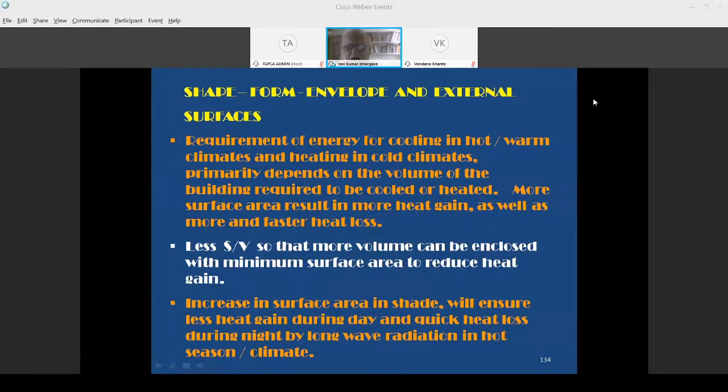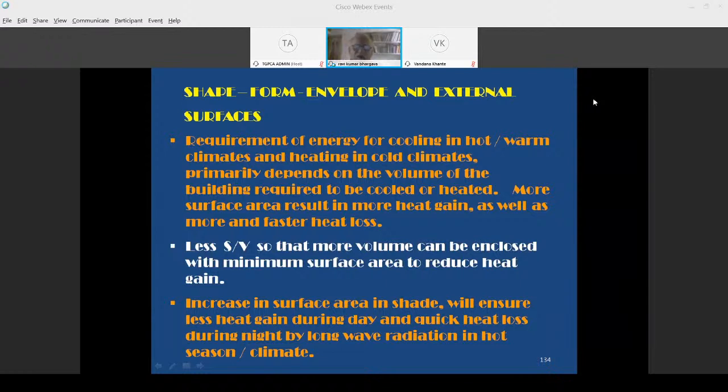Then, the larger the volume of the building, the more energy will be required either to heat it or to cool it. In our case, we will pay more attention towards cooling. But in other regions, heating might be required. The larger the volume, the more energy in the form of heating or cooling is needed.